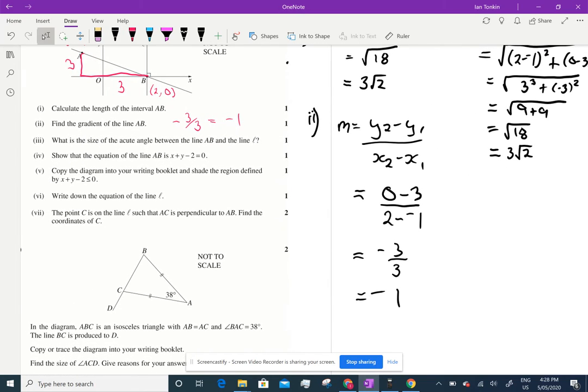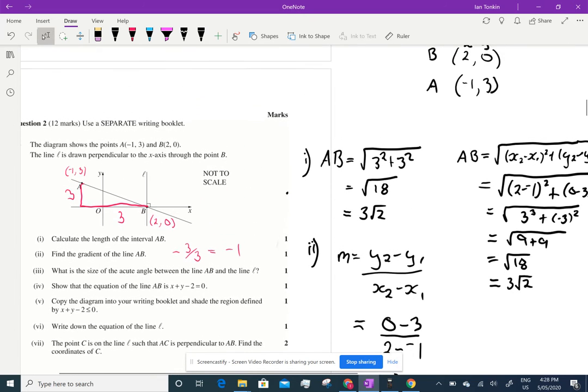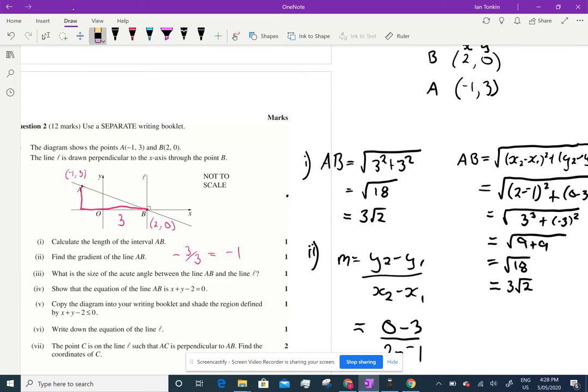What is the size of the acute angle between the line AB and the line L? Well, let's just get rid of some of this stuff. So here's the line L, and here's the line AB. Now the acute angle is this angle in here. We'll call that theta.